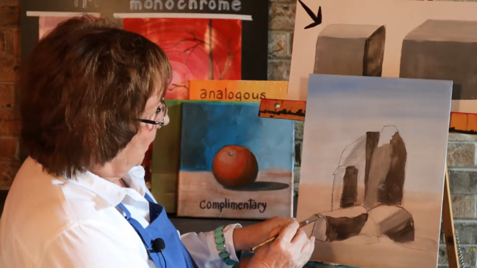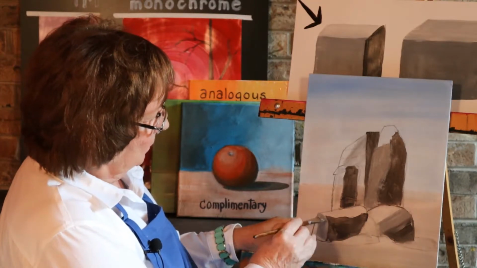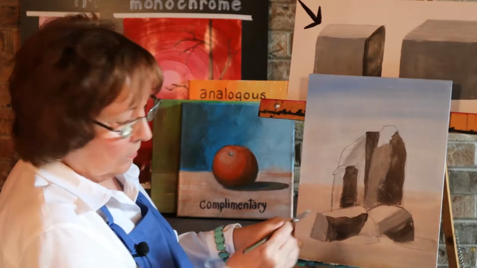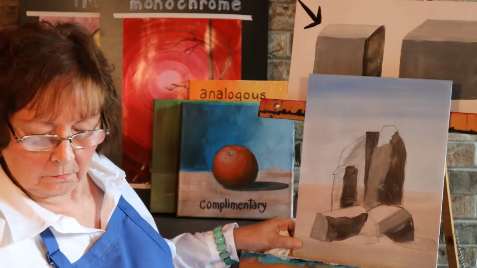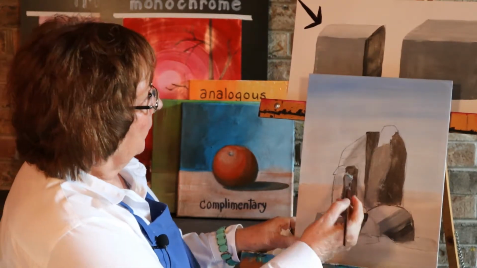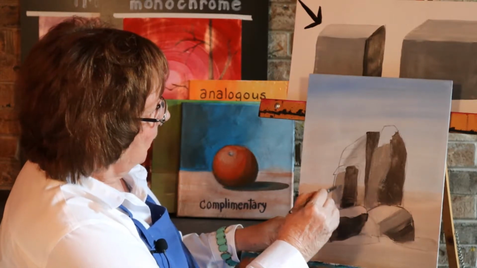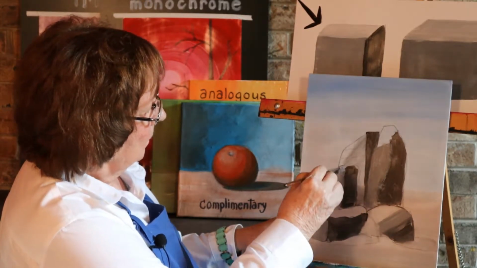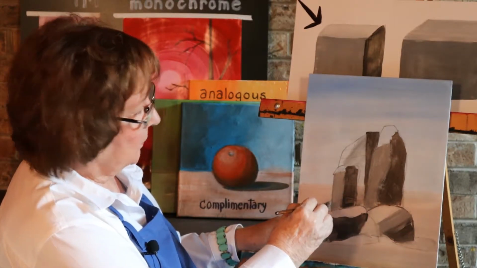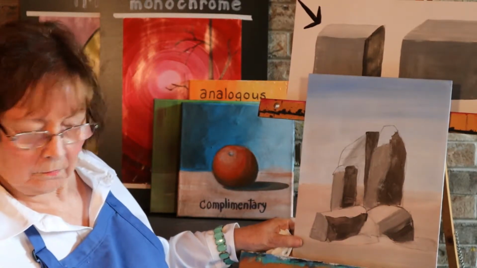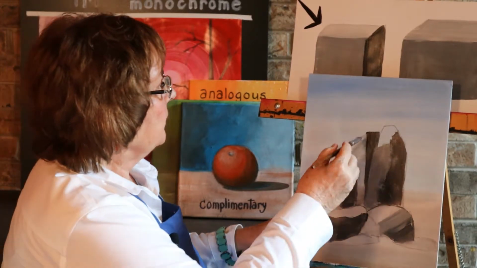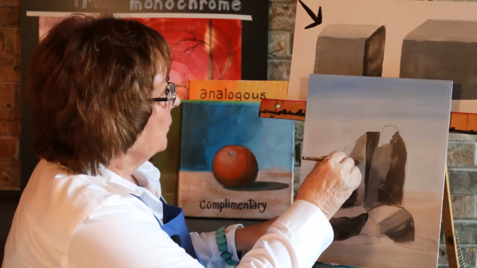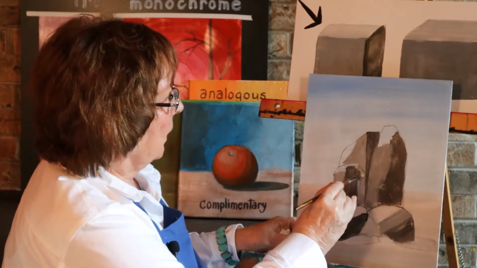And this is the mid-tone of this rectangle. We're going to leave that a hard edge. This is the mid-tone of this rectangle. We want that to be a hard edge. This is the mid-tone of this shape, and it's a rectangle too.